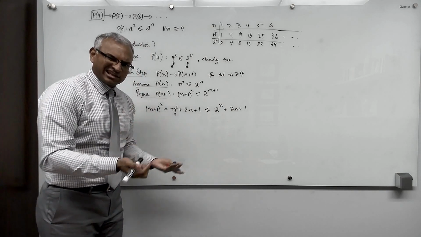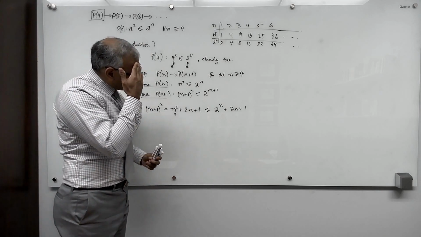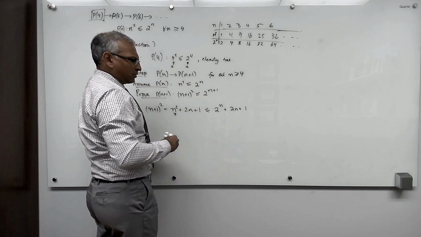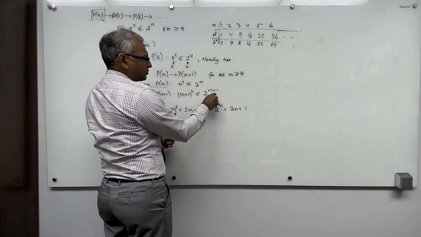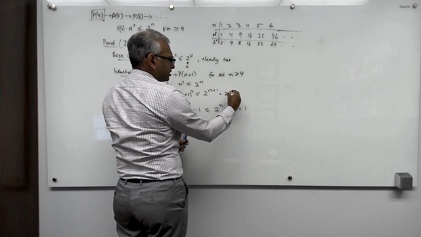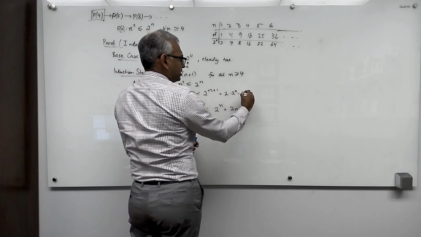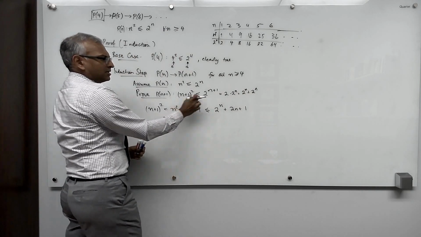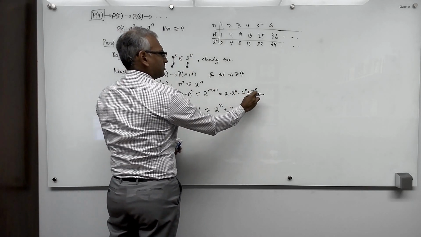You kind of build a wish list. You say, well, what do I need to conclude that this is less than or equal to 2 to the n plus 1? And now we observe that 2 to the n plus 1 is exactly equal to 2 times 2 to the n, which is exactly equal to 2 to the n plus 2 to the n. So I'm trying to prove that (n plus 1) squared is less than or equal to 2 to the n plus 2 to the n.